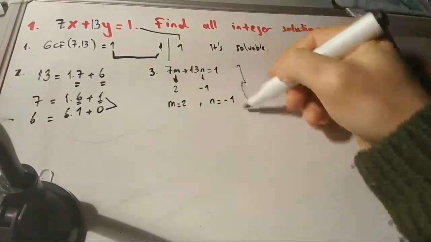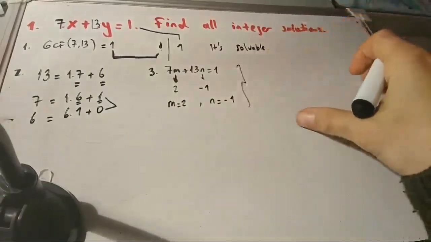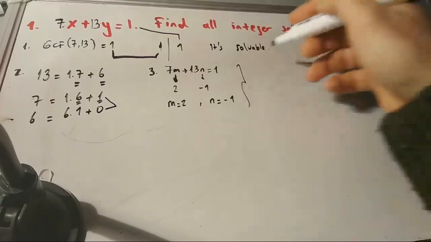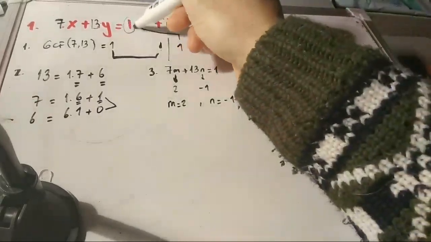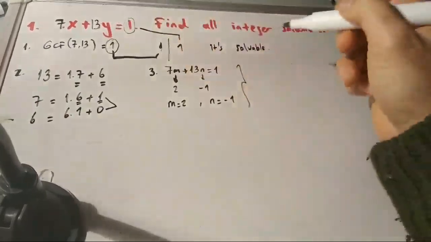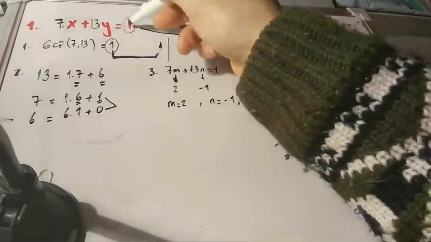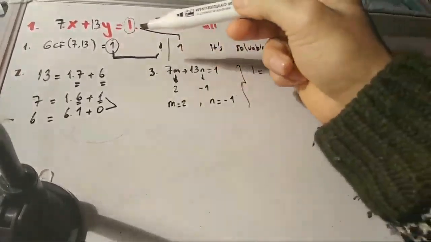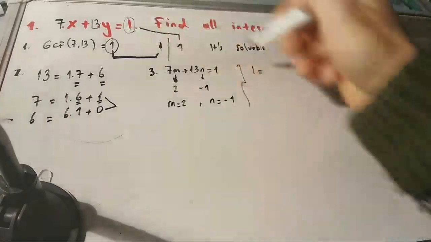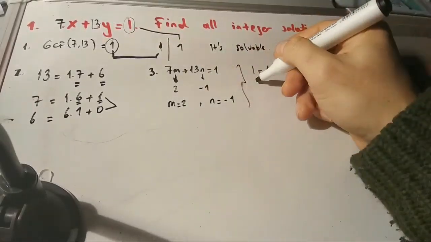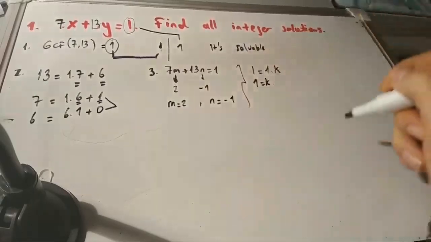And after that, we have to find the value of k. But how can we find it? Here, we will take 1 and the greatest common factor of 7 and 13. So 1 is equal to the greatest common factor of 7 and 13 times k, and 1 is equal to k.